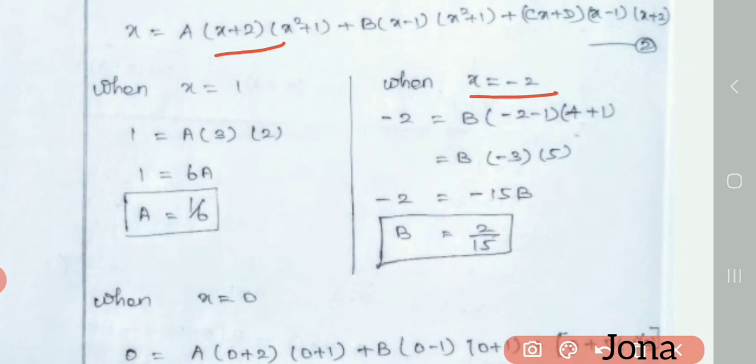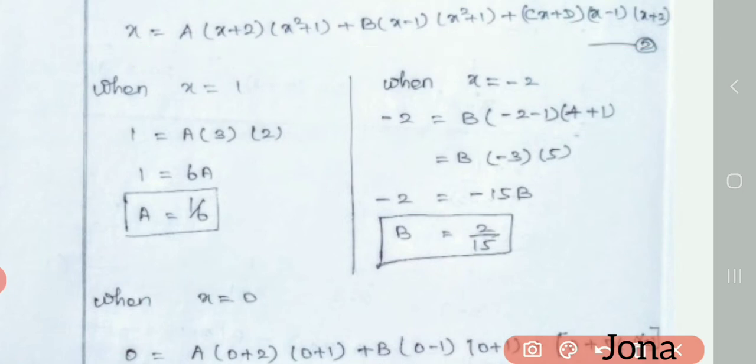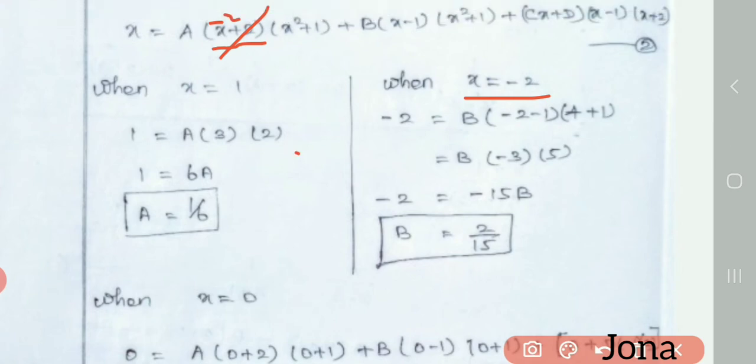So I want to substitute this x equal to minus 2 in the whole equation. Instead of x it is minus 2. If you put x equal to minus 2 here, it will be cancelled, isn't it? So this whole thing will be 0. So no need to write here, leave that.